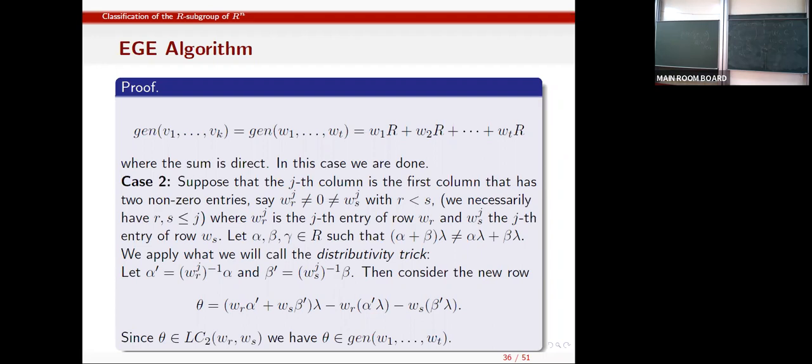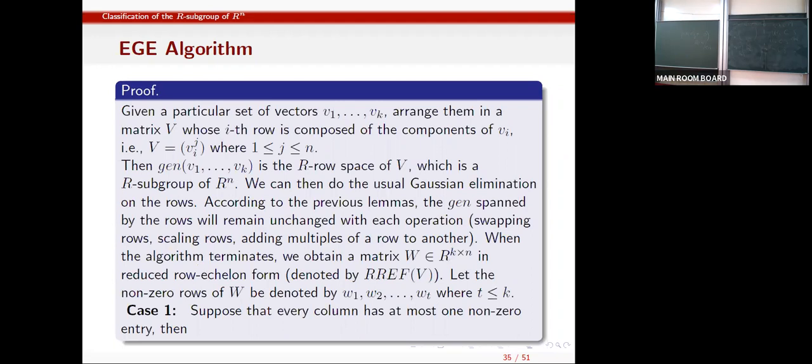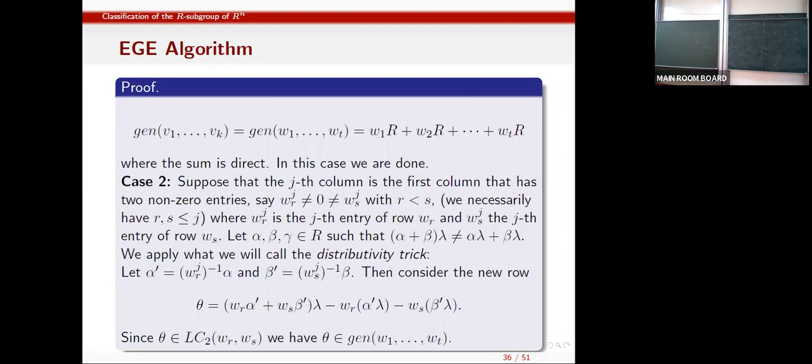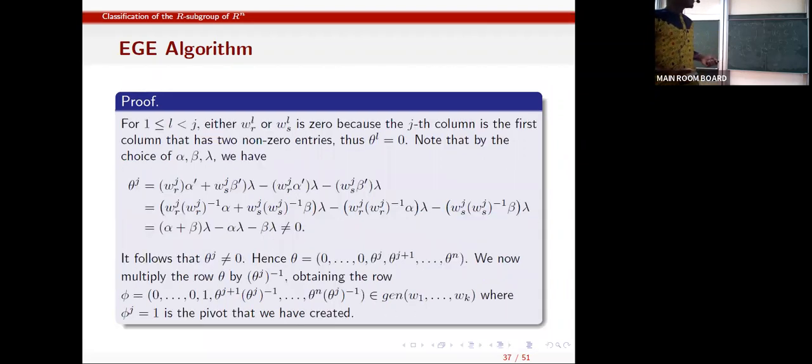Now, since we create a new row, we want to be able to create a one out of this new row at the column J. And then we need to multiply by a certain scalar in order to get one.